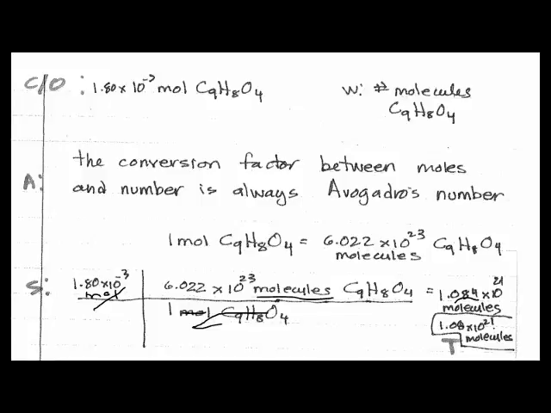Now, does this answer make sense? 10 to the 21 molecules. Well, 10 to the 21 is 2 place values less than 23, and yes, that makes sense, because if this was about 2, 1.8 is about 2, 2 times 6 would be about 12, and when I look at my powers of 10, when I multiply, I have to add them.